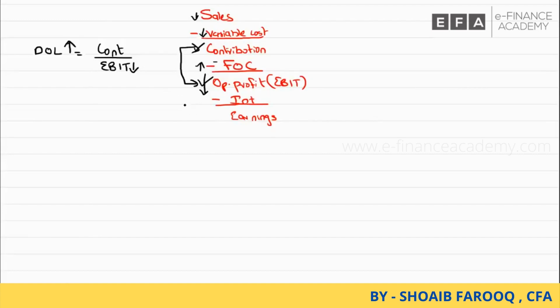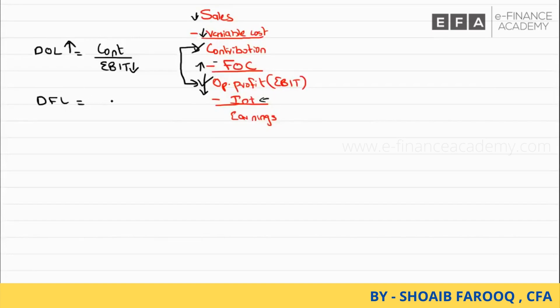Similarly, if you want to measure degree of financial leverage, so where does the finance cost come into this picture? It comes right here as interest. All we need to do is, again, look at the profit before interest and look at the profit after interest, which is operating profit and earnings, in order for us to study the impact of fixed finance cost, that is interest.